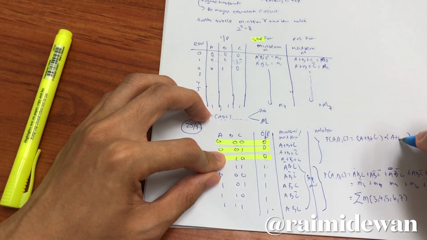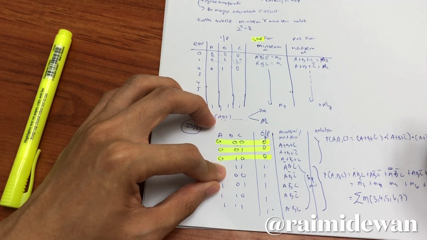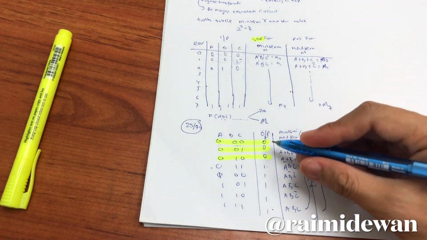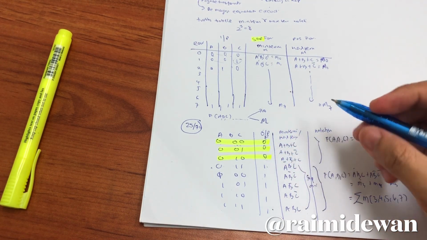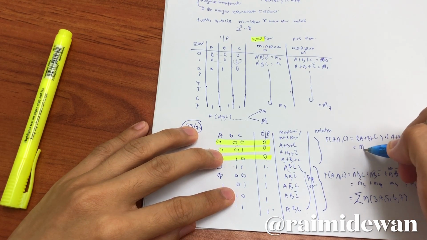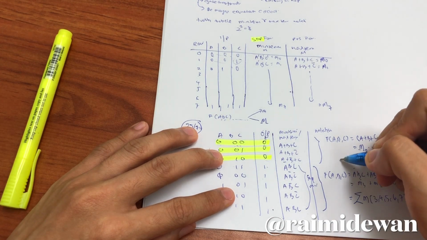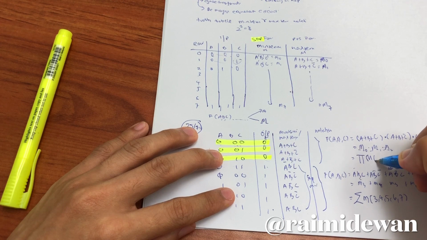A plus B plus C bar. And this one is A plus B bar plus C. So it's just 3 combinations, and it's M0 until M2. So capital M0, capital M1, and capital M2. And it is a product of sum. So you have your M of 0, 1, and 2.